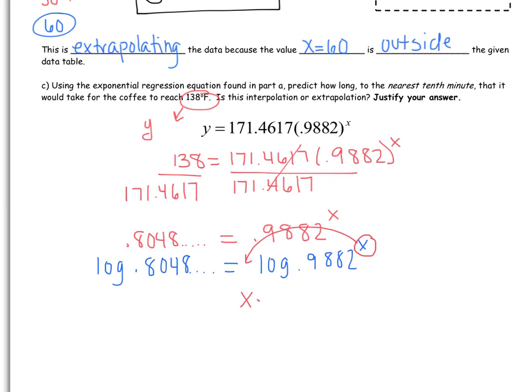So x times log of 0.9882 equals log of 0.8048. Now to get this x by itself, the last thing we have to do is divide log of 0.9882 on both sides.